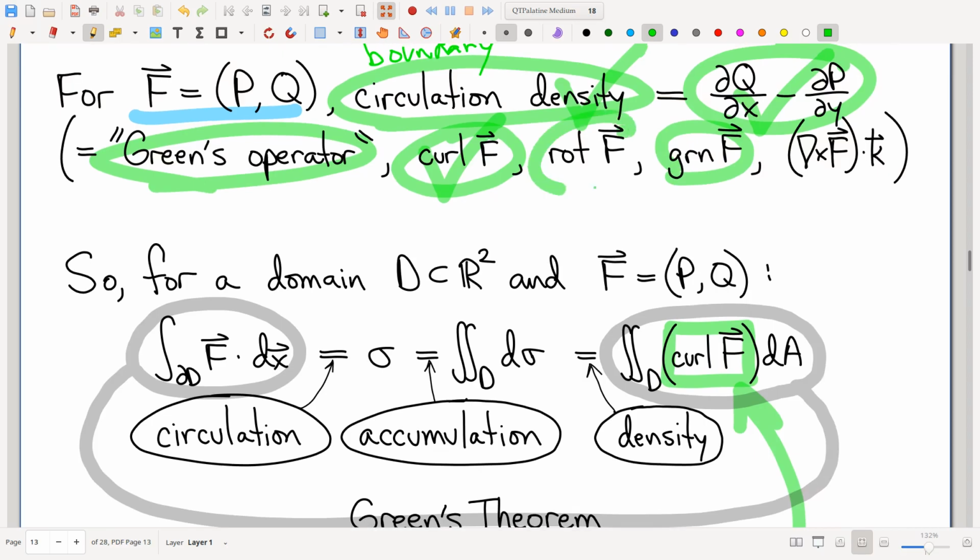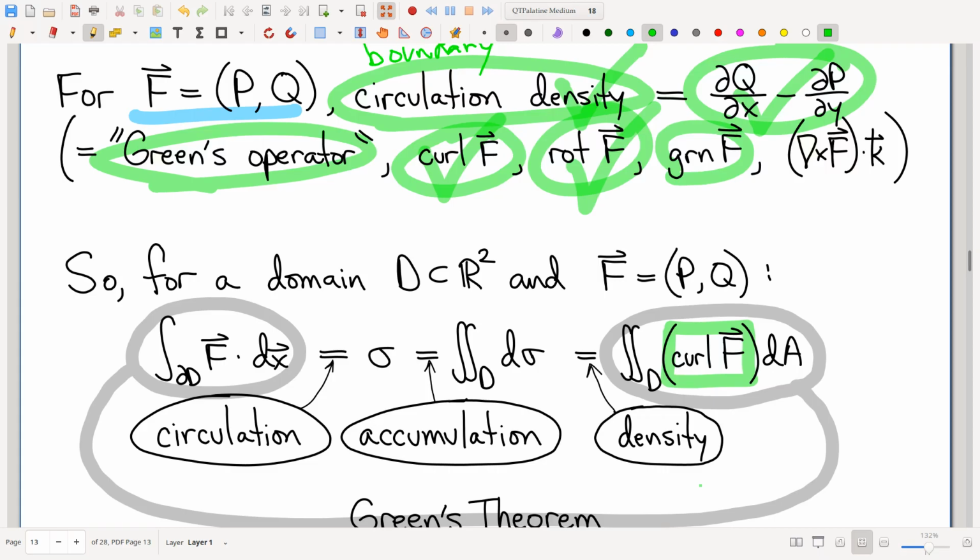Go ahead and circle that. Yeah, go ahead. So we're only looking at the rotation around the specific point, not the entire curve? When you're talking about curl, you're talking about a density, something that happens at a point. Circulation happens over an entire curve. It's a larger-scale thing, right?